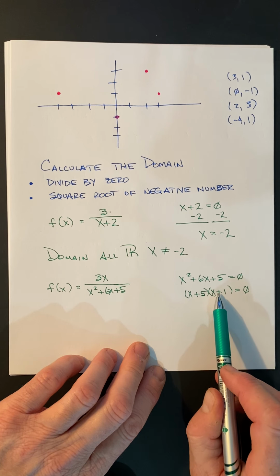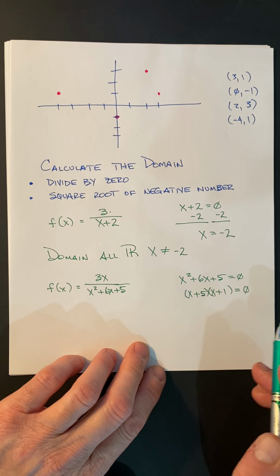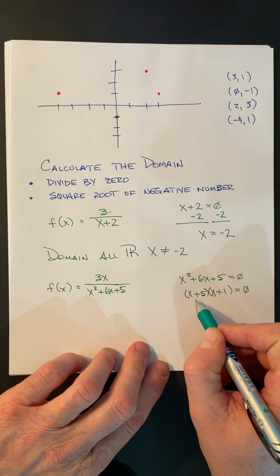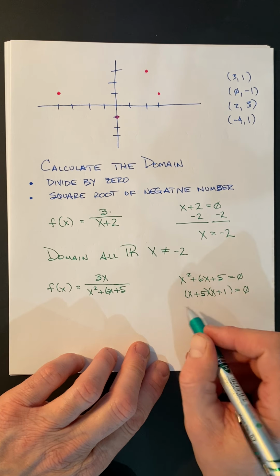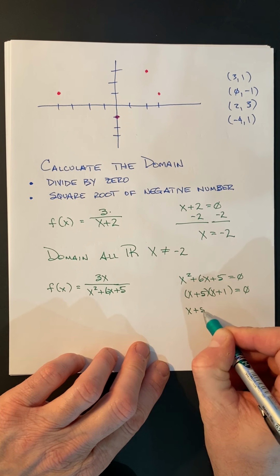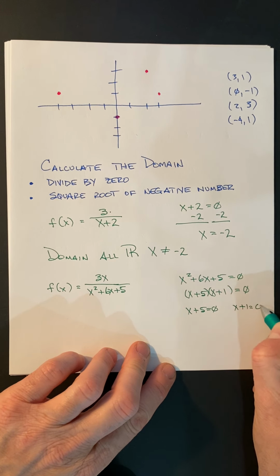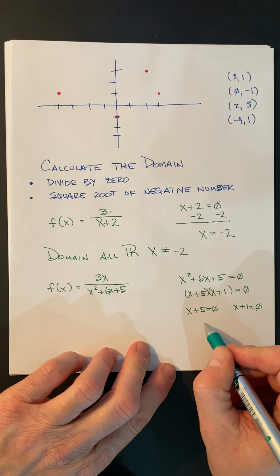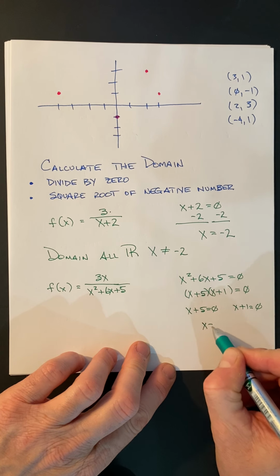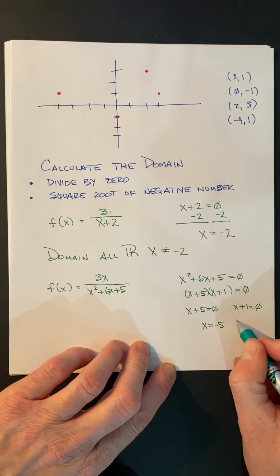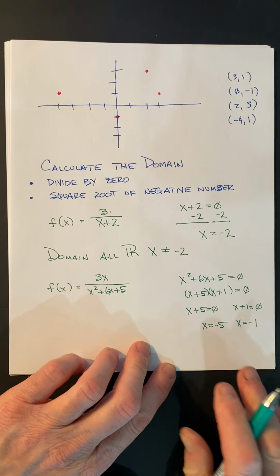If this binomial is 0, my equation is true. So again, I just solve for each of the binomials equal to 0. And when I do that, I get x equals minus 5 and x equals minus 1.